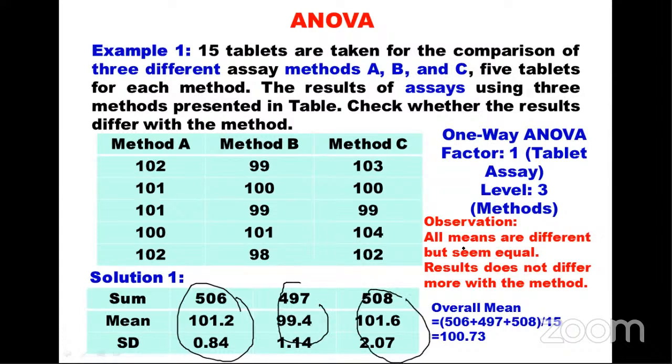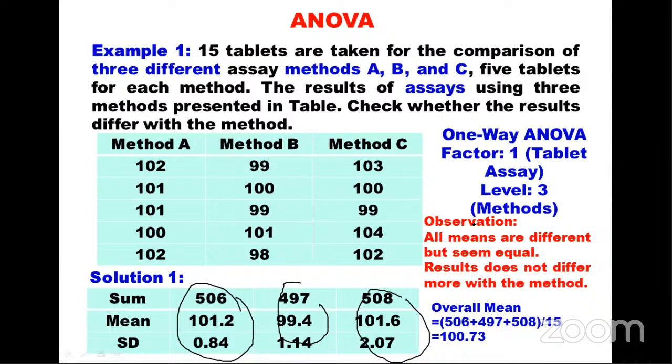And if we see the data, all means are different. Here it is 99, here it is 102. So there is a difference, but that's not out of the limit. So these are the observations. Let's see what calculations we get.